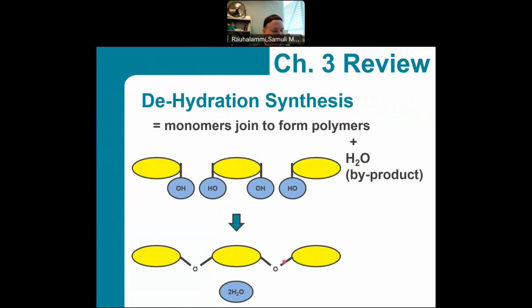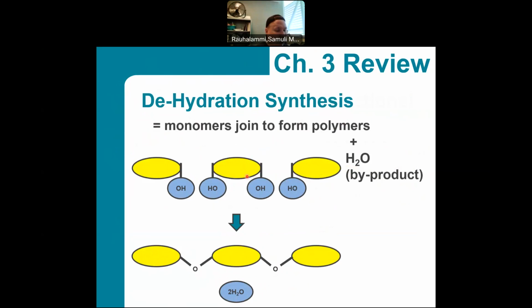How does this happen? When monomers join together to form polymers, this is usually a result of a chemical reaction where water is released as a byproduct.